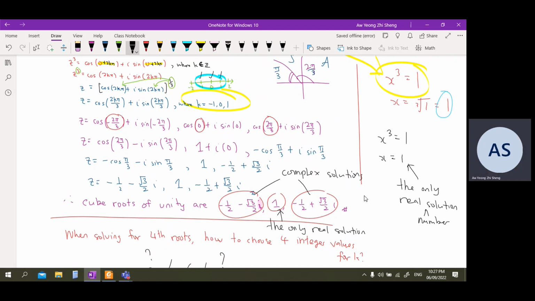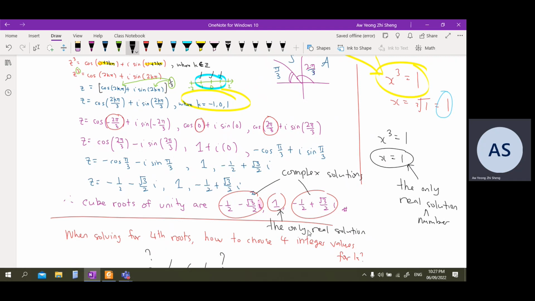Okay, so what we have done over the years, x cubed equals to 1 means x equals to 1 is the only solution. What we have done over the years was correct when we only care about real solutions, because there is indeed only one real solution for the equation x cubed equals to 1. But when you allow complex solutions to be included, then there are actually 3 solutions.